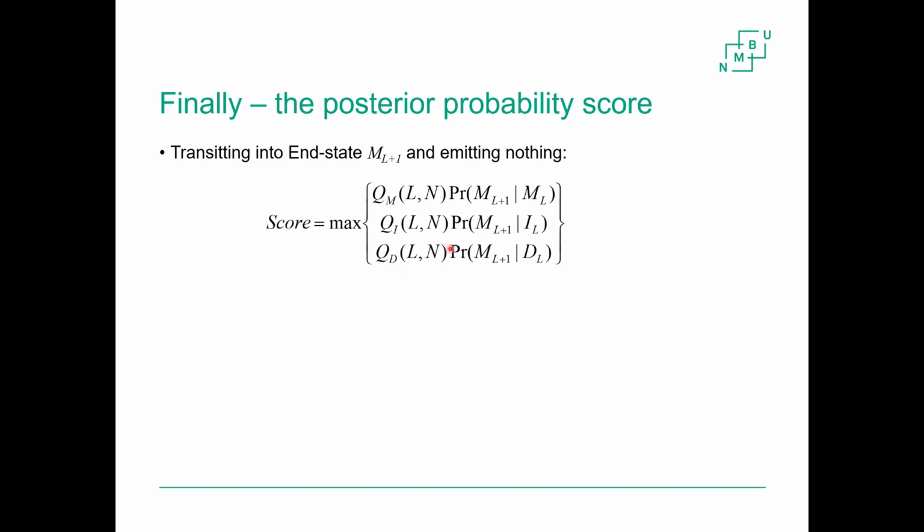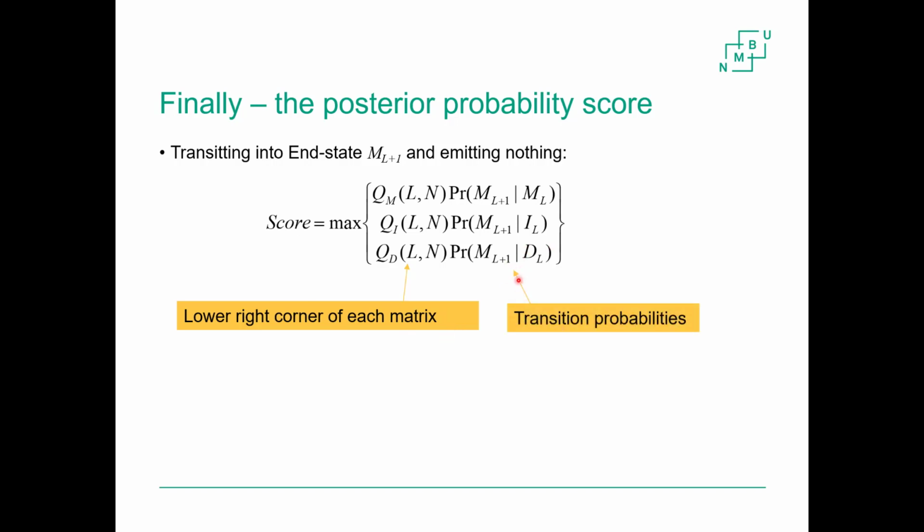The last step is just to transit from this into the end state, right? So either from the last match state into the end, or the last insert into the end, or the last delete into the end. And the maximum of these 3 will give you the score. That's the score for your query sequence. Lower right of each matrix and the last final transition probability of transiting into the end state.